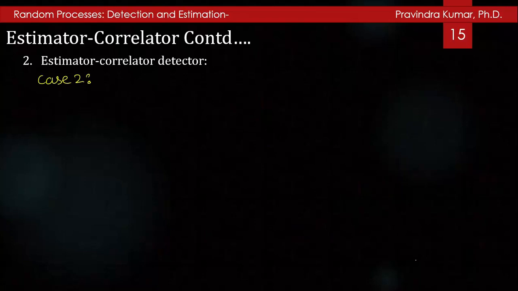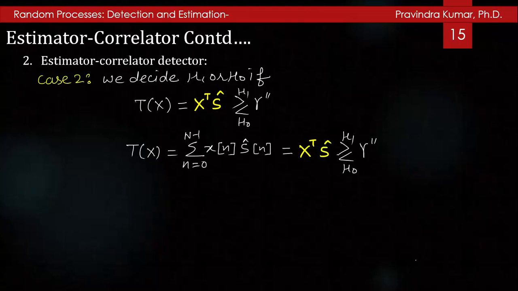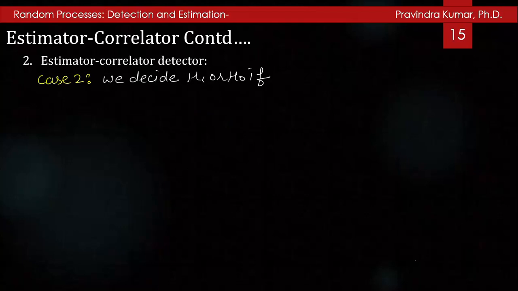So we decide H1 or H0 if the test statistic T(x) = x transpose S cap is greater than or less than a threshold value gamma dash.